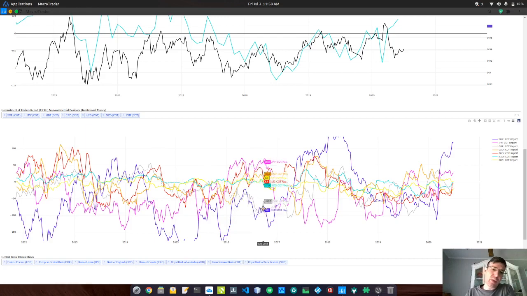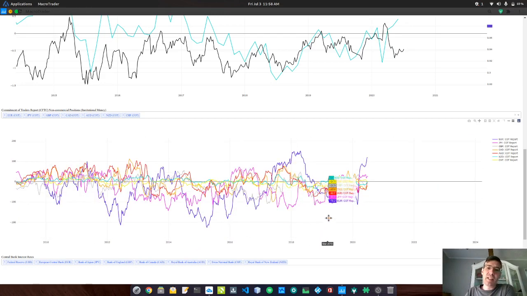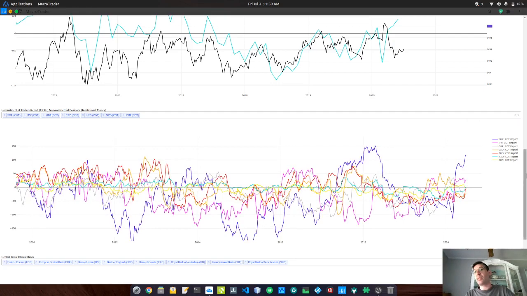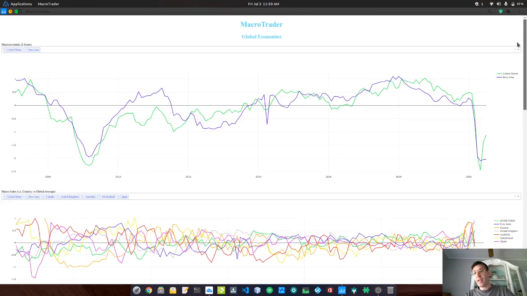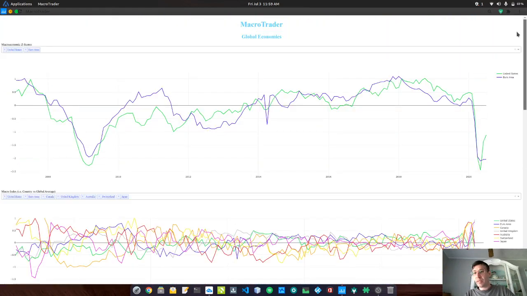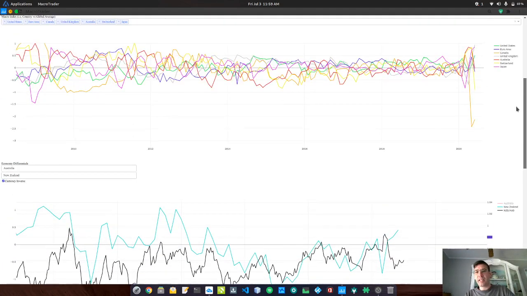Now, yes, it's a week late, so it's better to look at the fundamentals, confirm it, and see where the institutions are. But God, how many times have we said, if I could only know what smart money is doing, I could trade better. Well, if you could only know what the fundamentals are doing, and you can know what the institutions are doing, you get to know what the central banks are doing. You get to know it all.